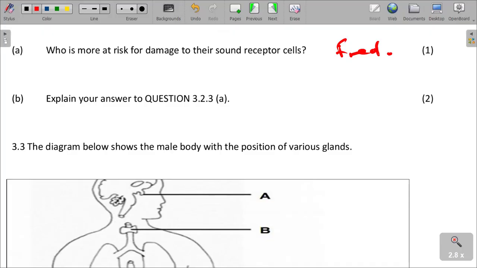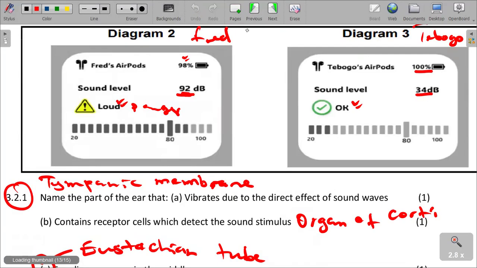And then why do we say Freddy? If you can see, I said Freddy because the sound is given as too loud. And this one, sound level, is called okay, therefore it cannot cause damage.